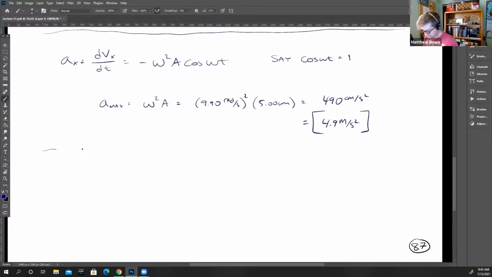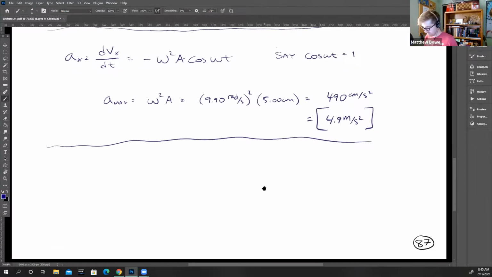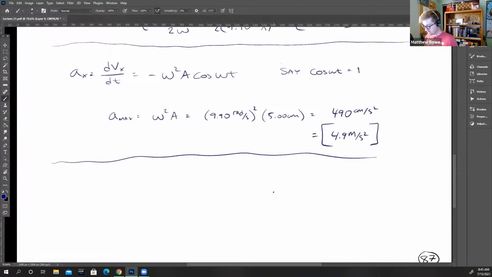And finally, when does this maximum acceleration occur? Well, what was the condition that we required? We said cosine omega t is equal to 1. When does cosine omega t equal 1? Well, that's when omega t equals 0, pi, 2 pi, and so on.